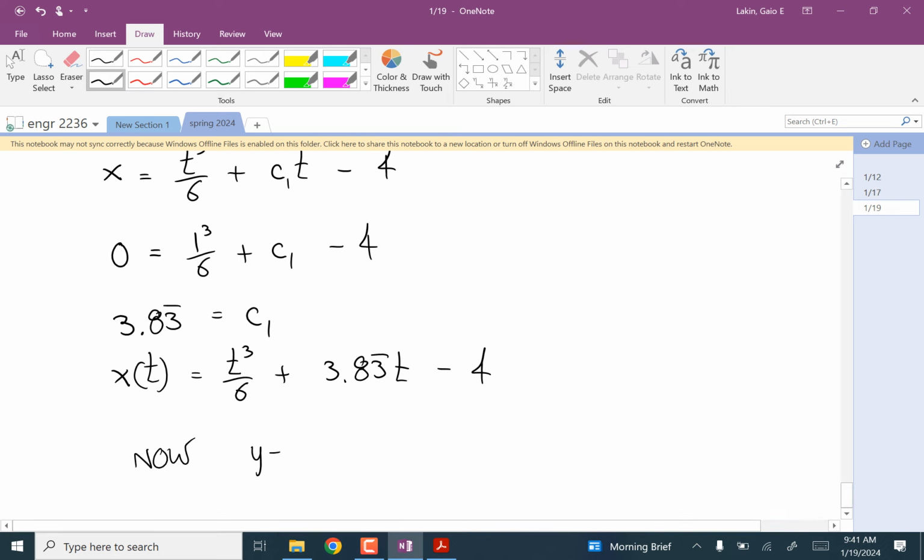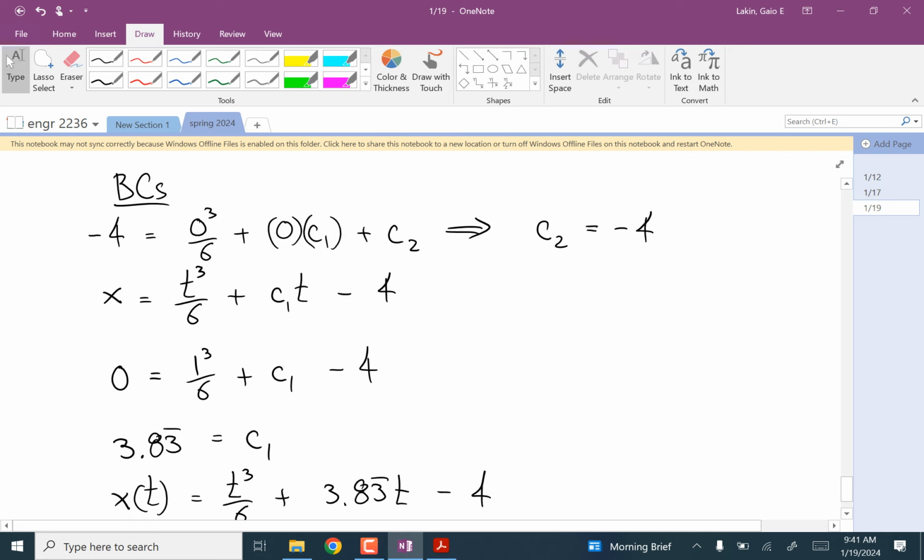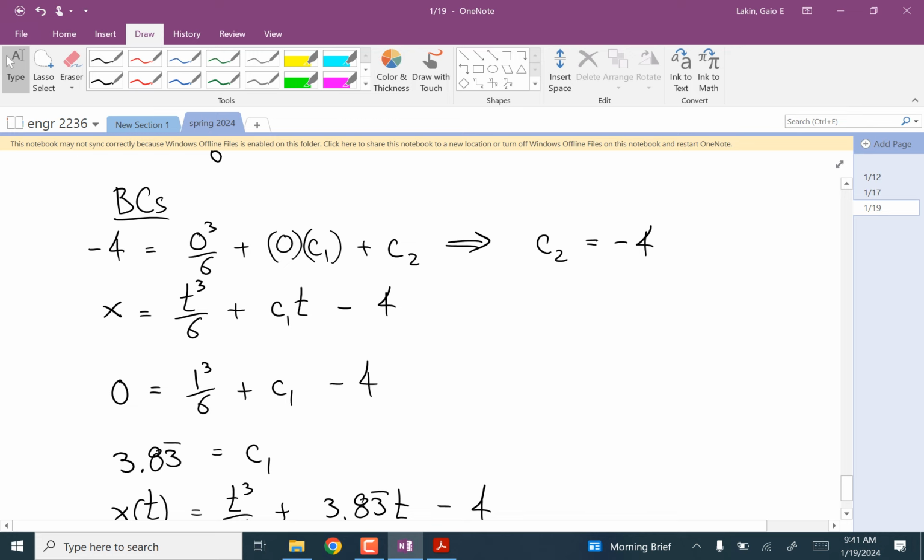And now the y component, I'm not going to do that because hopefully that got the idea across. Because I made these boundary conditions up on the spot, it was easy because I used this boundary condition where time is equal to 0.